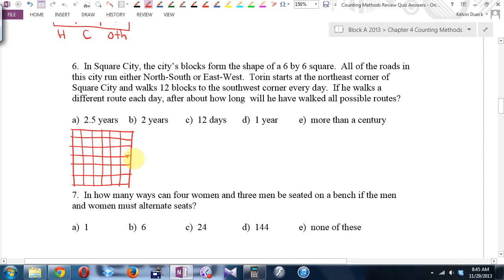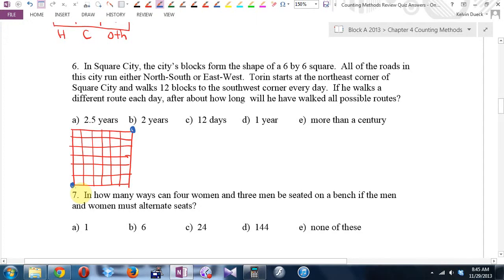It says all the roads run either north, south, or east, west. There's my grid. Torrin starts at the northeast corner and walks to the southwest corner every day. If he walks a different route each day, how long will he have walked all possible routes?